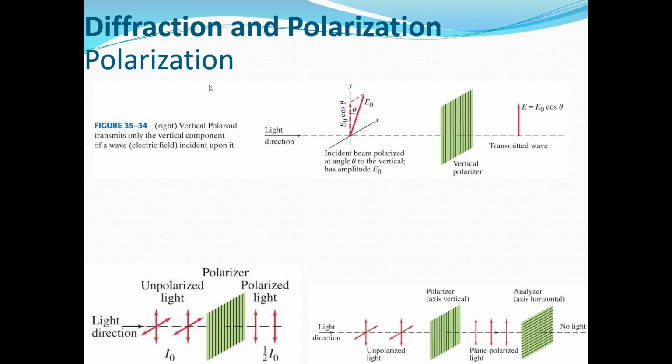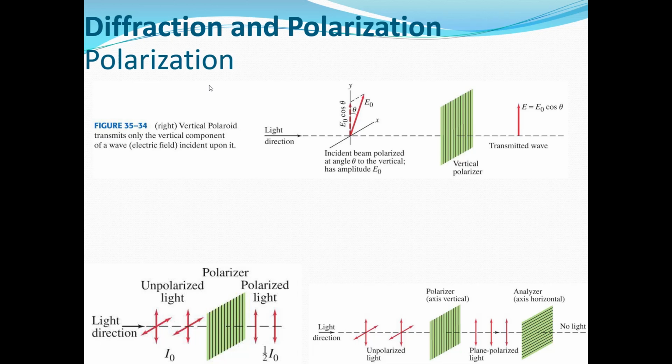If you remember, I said before that light is created by a combination of a vertical sinusoidal electric field wave and a horizontal sinusoidal magnetic field wave.